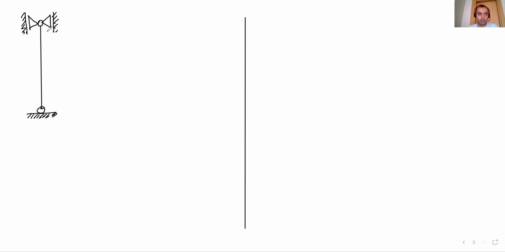As you can see, I have drawn here a vertical roller support. This top point can move in vertical direction. The length of this member is L. This is the first case.